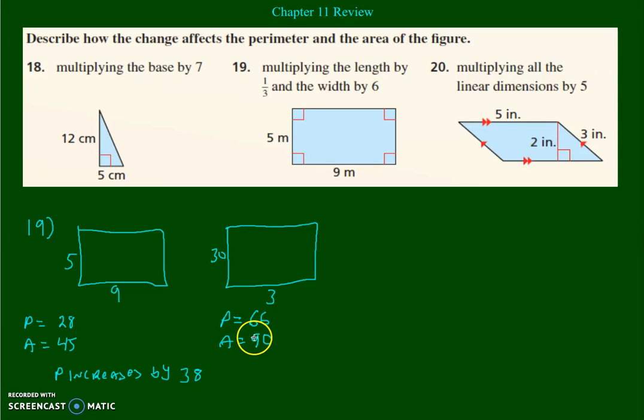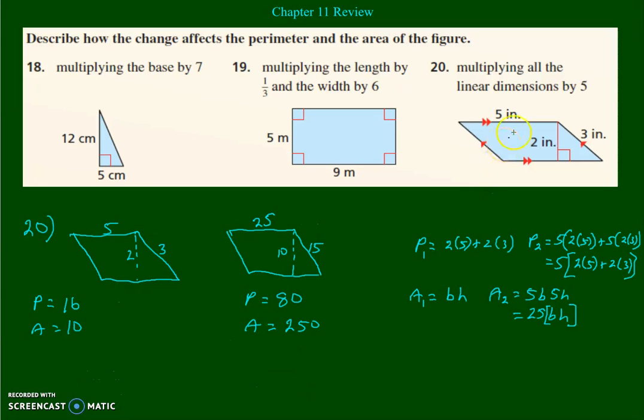And what happened is we had an effective increase in area by a factor of 2. So area increases by a factor of 2. And now let's move on to problem 20.